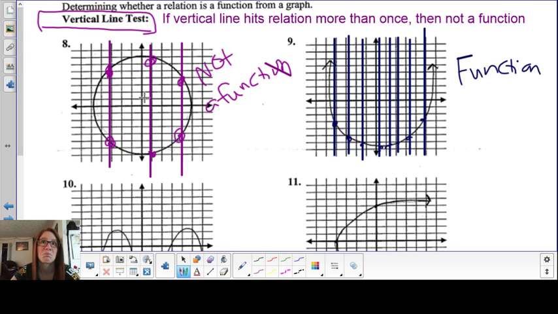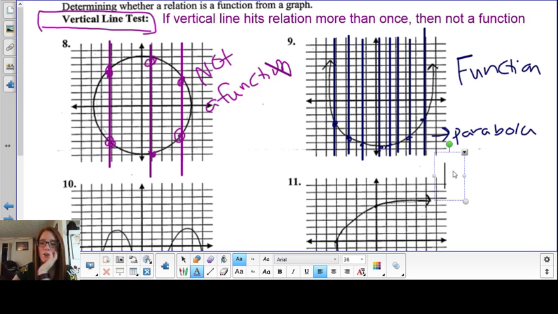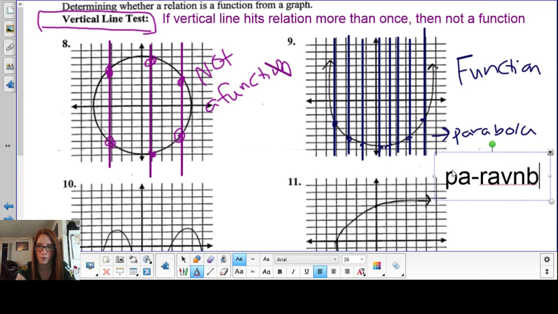So circles, no matter how big the circle is, are not a function. These guys, which are called parabolas, spelled p-a-r-a-b-o-l-a, I'm going to type it so it's easier to see.